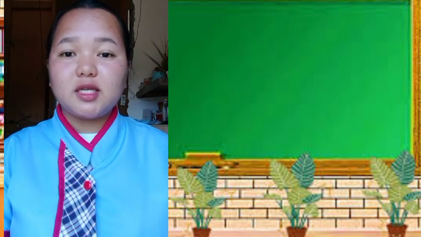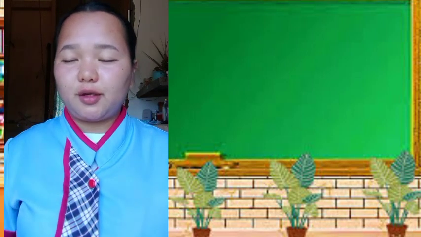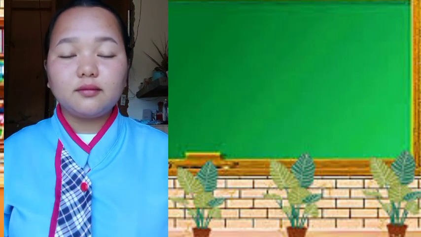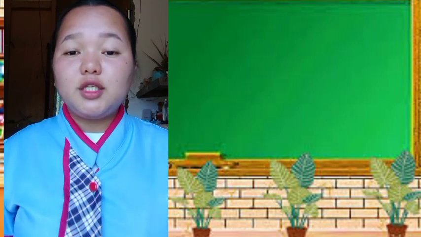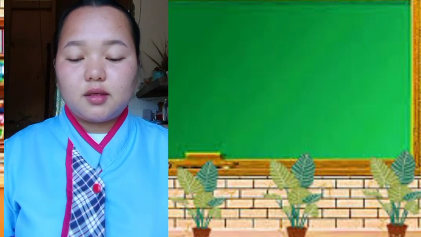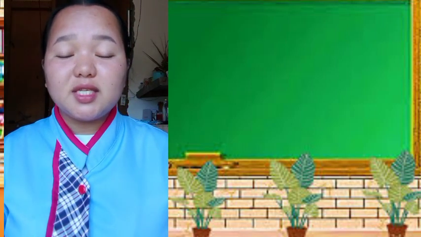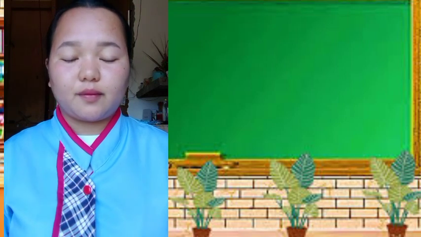For group, just count 1 to 4. Okay, let's start with you, Miss Hadlog. Okay, so now we go to your group. I want you to do this activity silently and collaboratively.